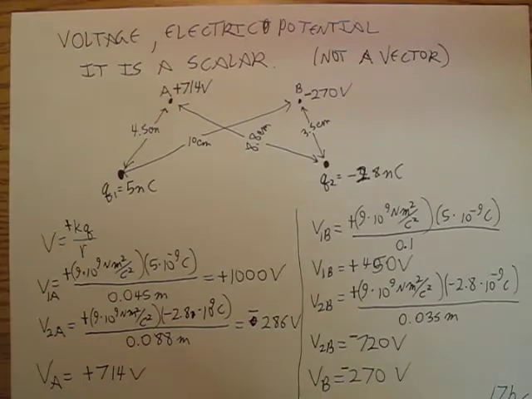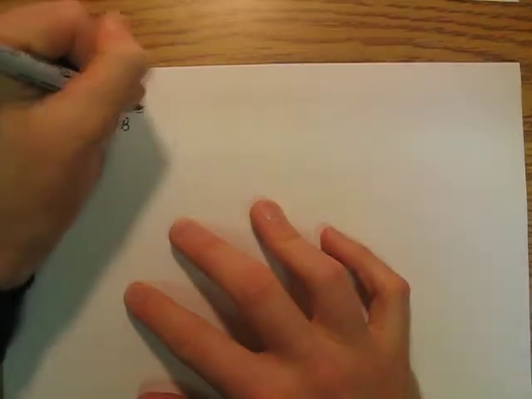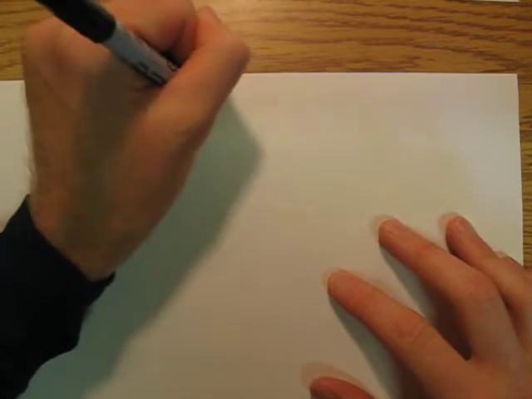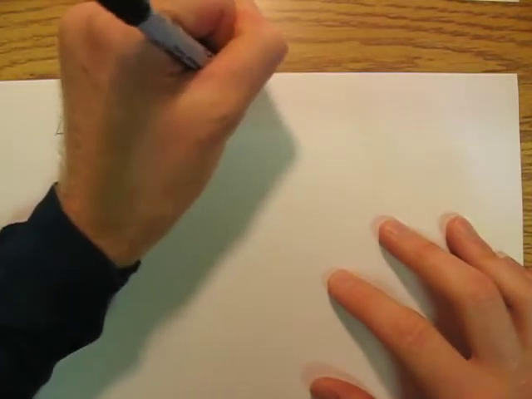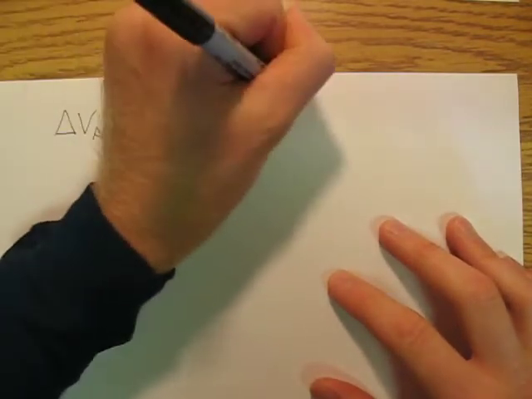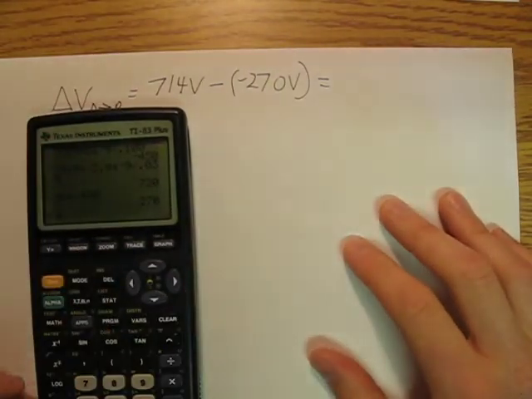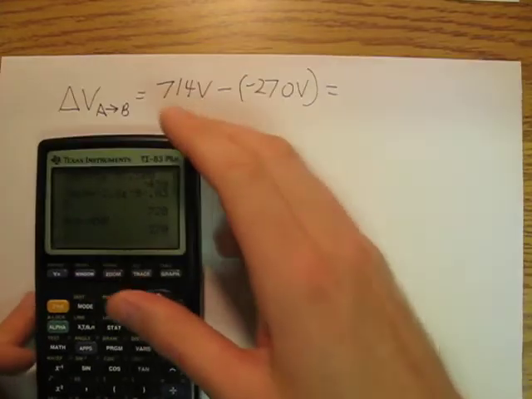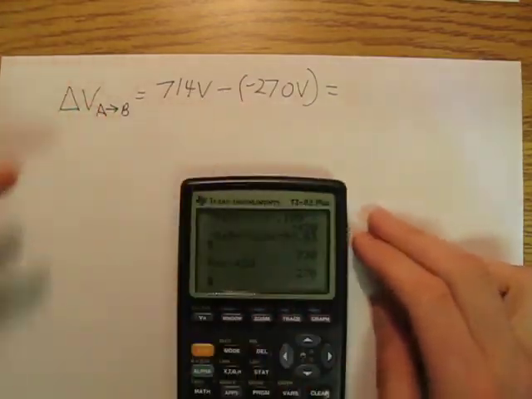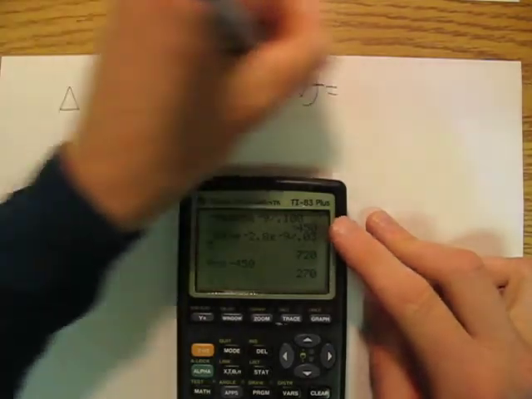So what I say is that the change in voltage from A to B is going to be 714 volts minus 270 volts, which is going to be, well, I should do from B to A, so it should be the other way around.